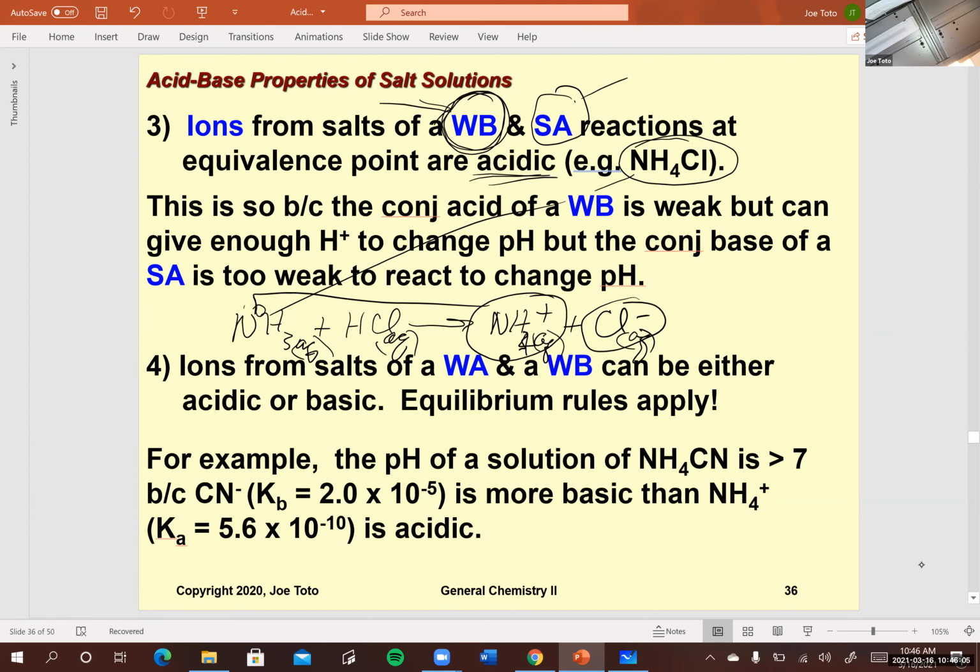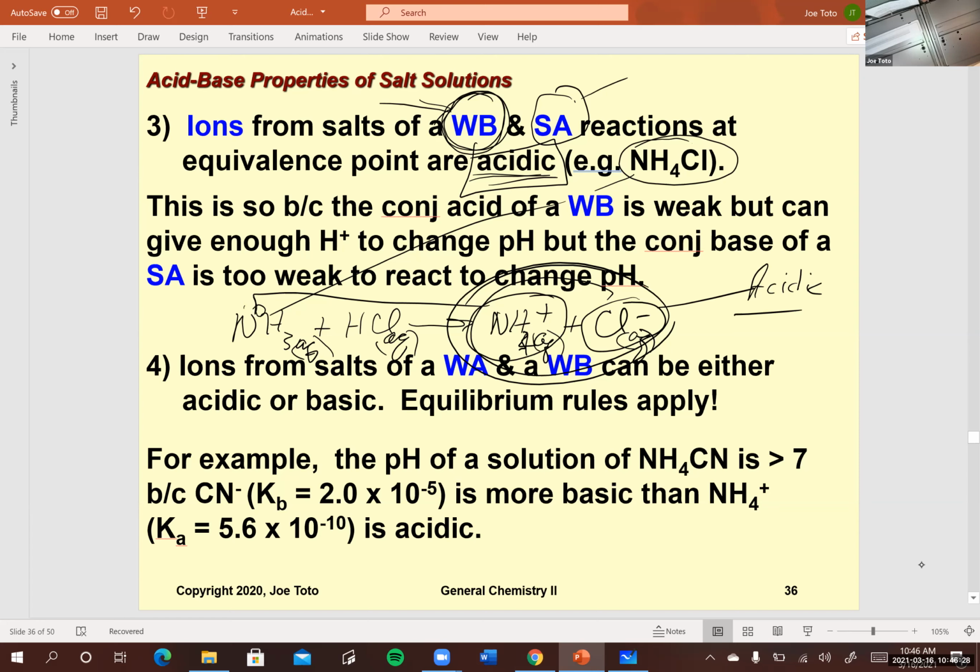So this salty water is going to be acidic, just like it says up here. Any questions on that? All right, moving right along.